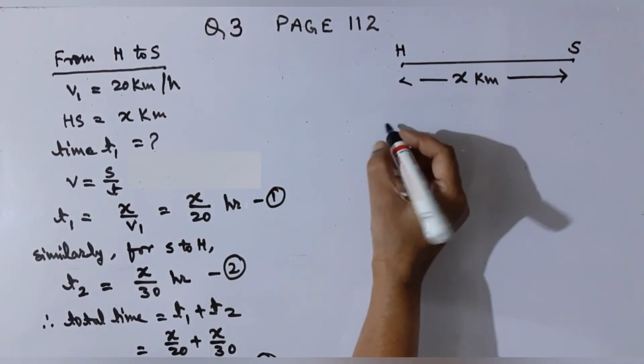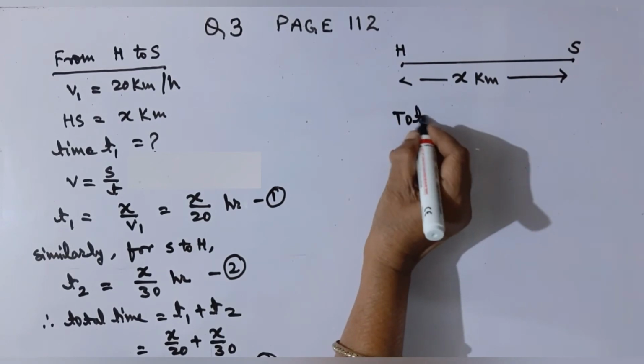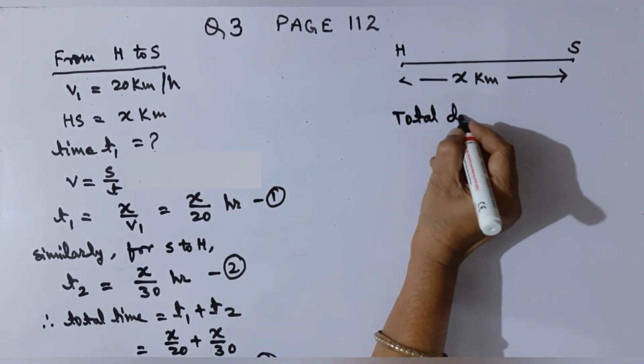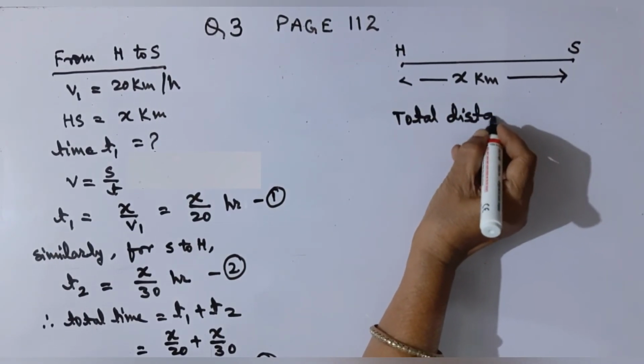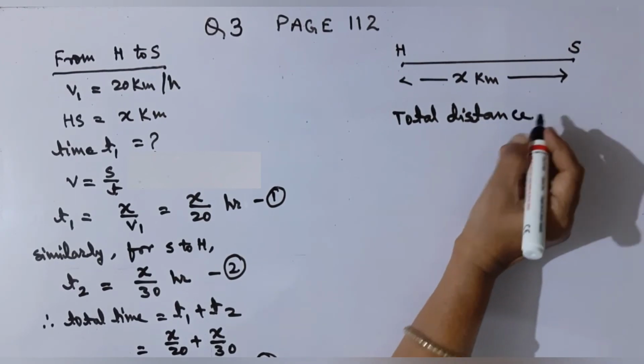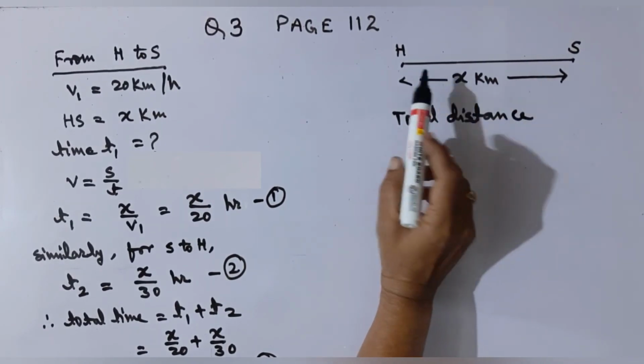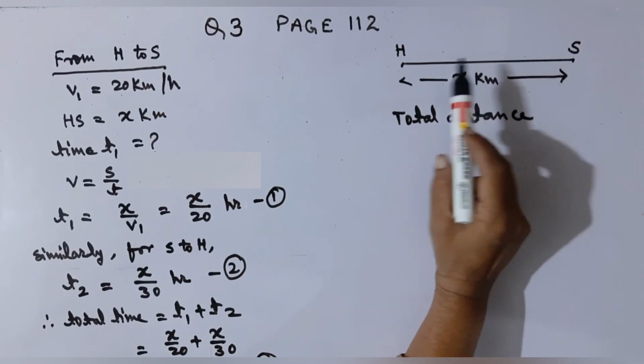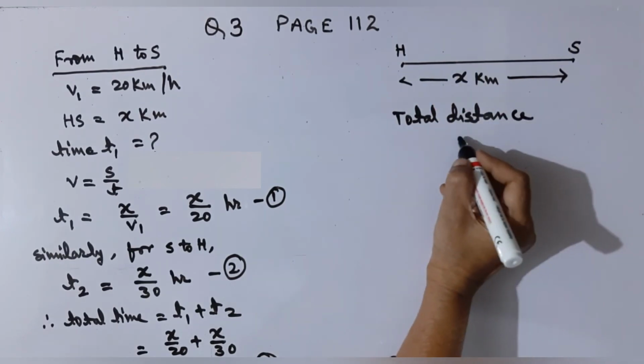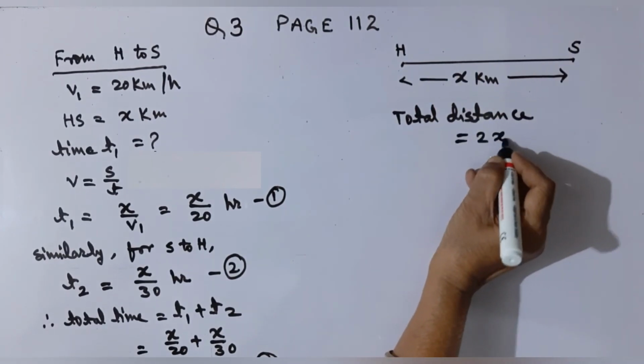And the total distance travelled in his total journey, that is from H to S and then from S to H, will be 2x kilometer.